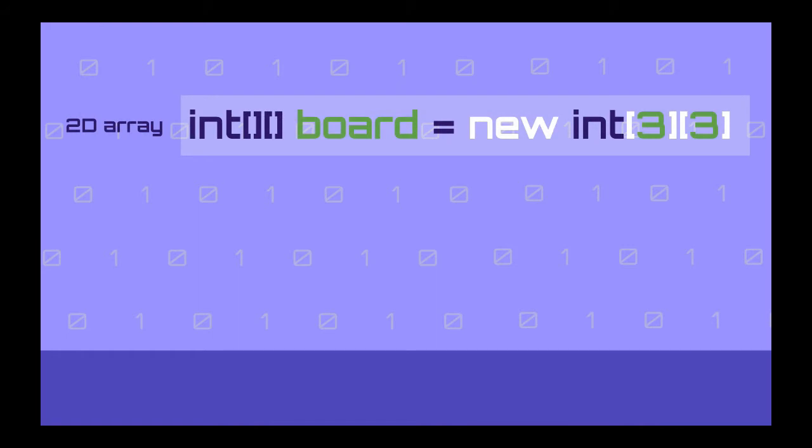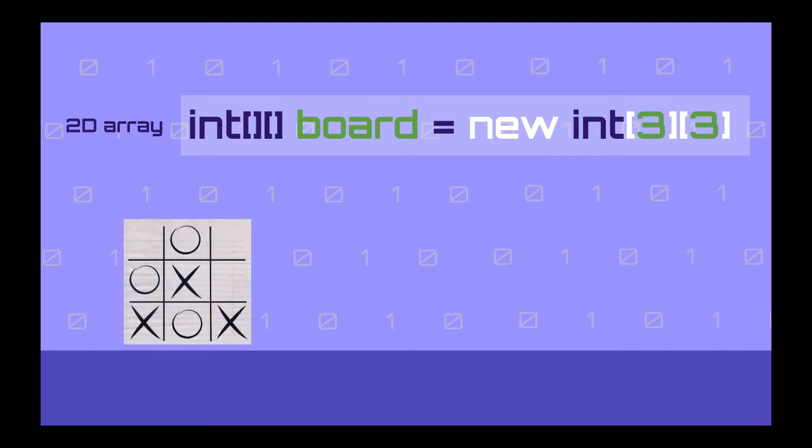So we are going to use integers to represent each of the cells, and then a 2D array of integers to represent the board. A 2D array can be understood as an array of arrays, so we will have 3 arrays with 3 cells each.